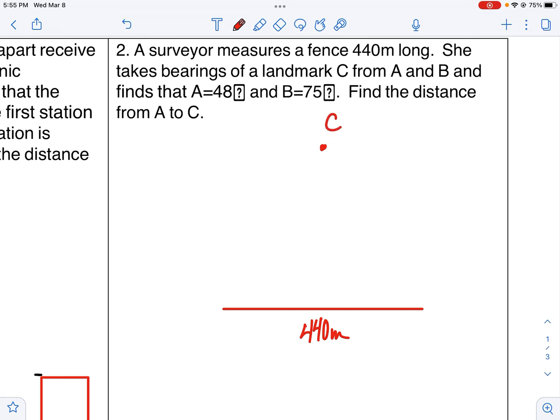She took bearings of a landmark C, from A and from B, and she found that A was 48 degrees, and B was 75 degrees. I want to find the distance from A to C.